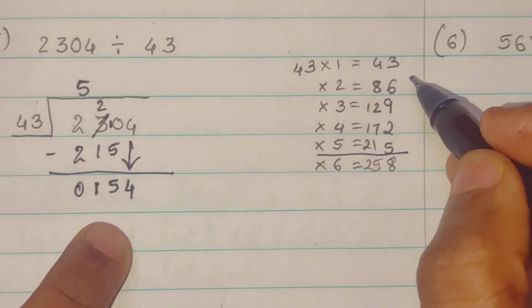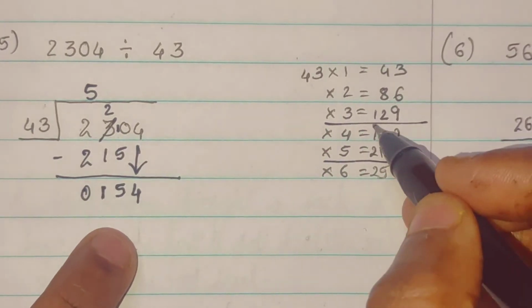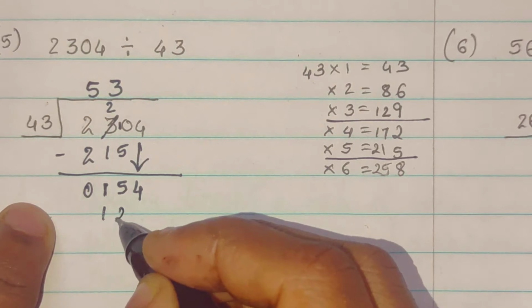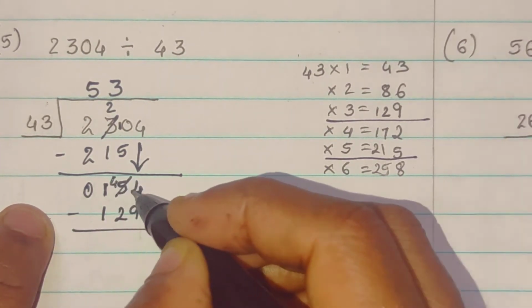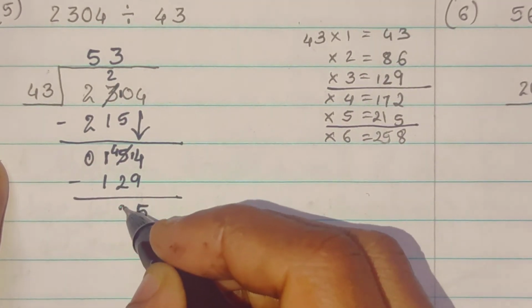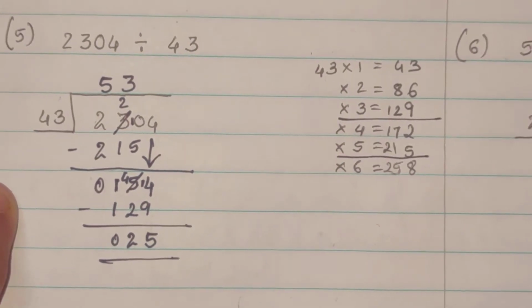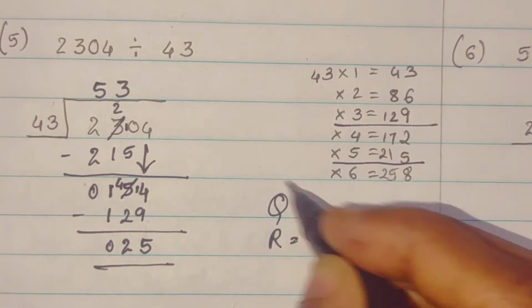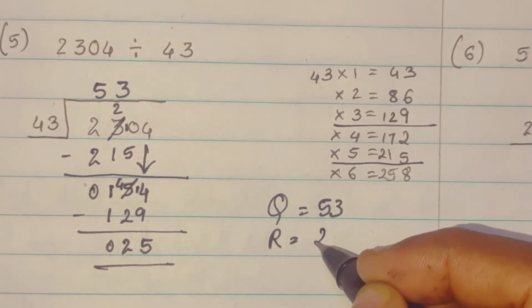Now 154, we have this 129, so 43 3s are 129. So 14 minus 9, 5, 4 minus 2, 2. So 25. So quotient and remainder. Quotient is 53 and remainder is 25.